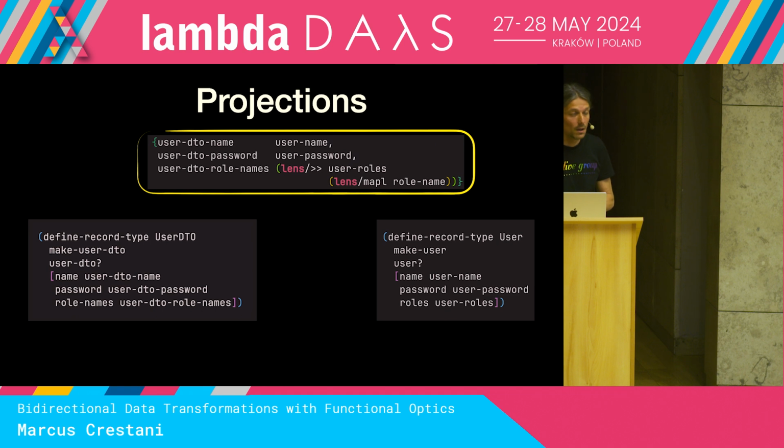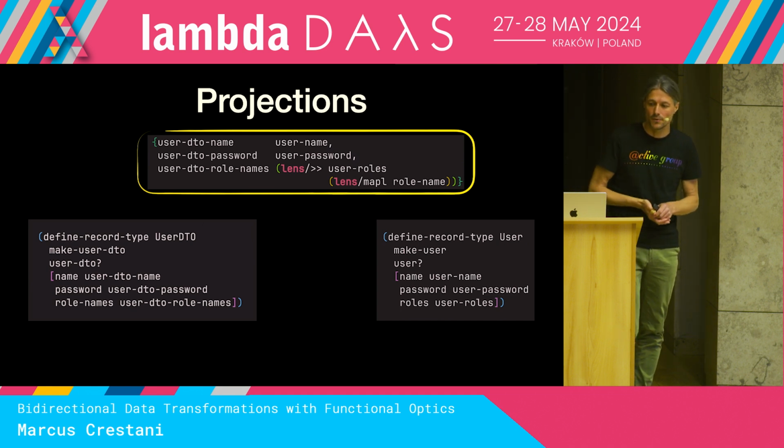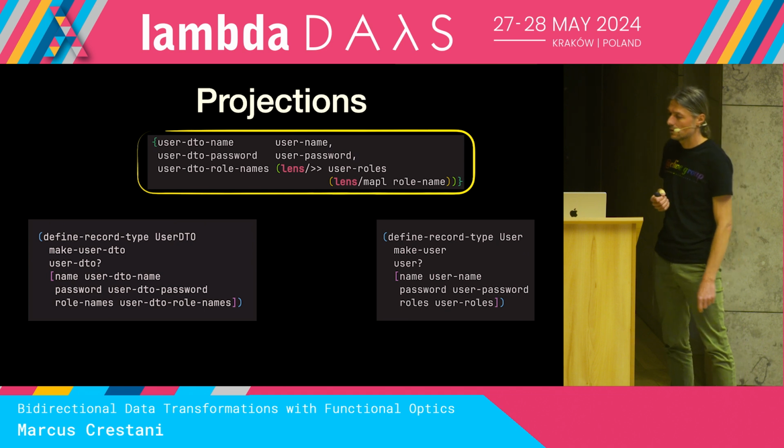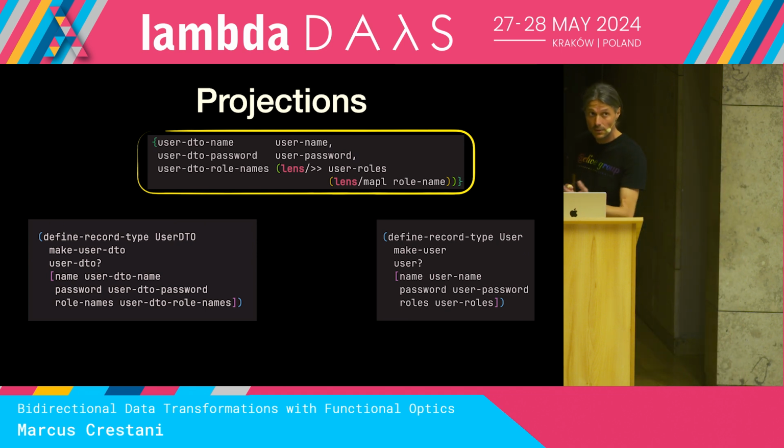And with the help of projection lenses, you can actually specify these relations as straightforward as possible. So what you see here in the highlight is the actual specification. This is a Clojure map, a Clojure key value data structure. Each line represents a key value pair.